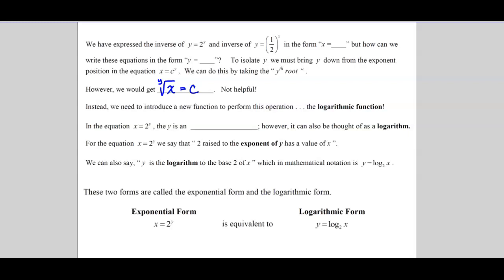So mathematicians basically define this. Okay? A logarithm represents the exponent in an exponential. So the equation x equals 2 to the y is an exponential.